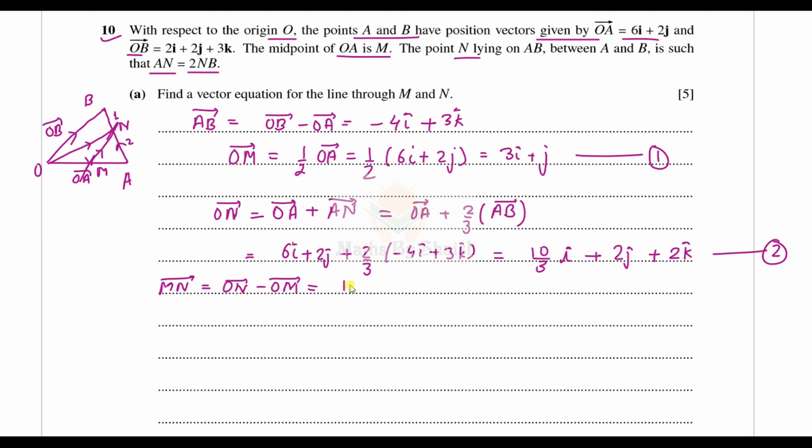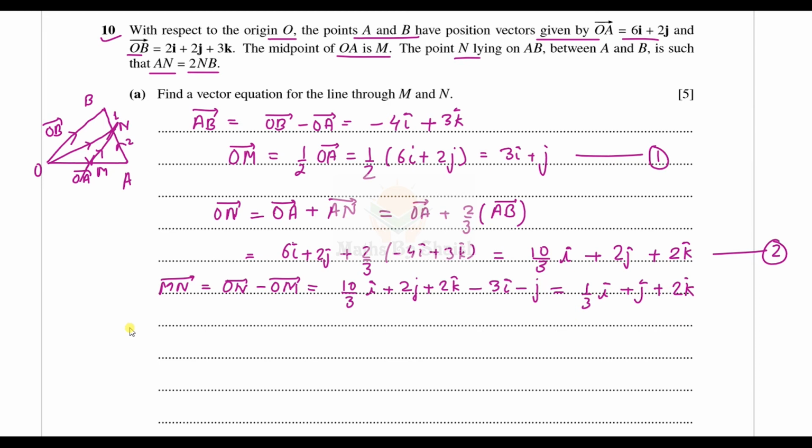ON is 10 over 3 i cap plus 2j cap plus 2k cap minus OM vector, that is 3i cap plus j cap. Which can be simplified as 10 by 3 minus 3, 3 threes are 9, so 10 minus 9 is 1, so it is 1 over 3 i cap, and 2j minus j is j cap, plus 2k cap. So we got the direction vector as well.